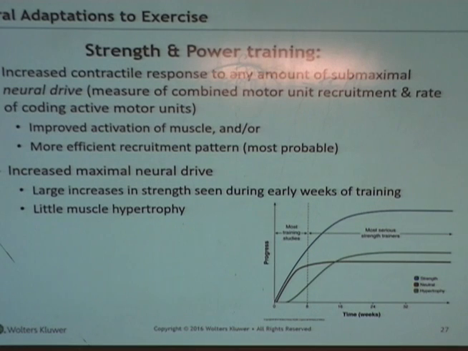The brain improves which units it turns on to achieve the job. Yeah, that's why your muscles don't get bigger, but you use more. It's a motor control issue, yeah, right? So it learns to turn on the right muscle, different motor units to achieve the job, or more motor units to achieve the job, right?